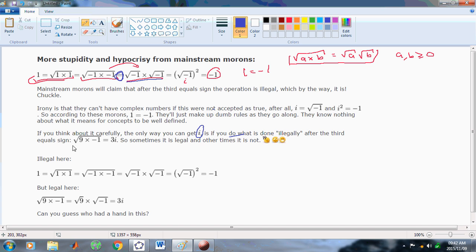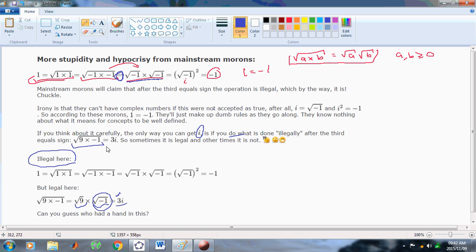In other words, supposing you have this, right? This here is actually equal to the square root of 9 times the square root of minus 1, presuming that you can do this sort of thing here, and you end up with the square root of 9, which is 3 times i. So you wouldn't have something like 3 times i if you weren't allowed to do that. So in this case here, it's illegal.